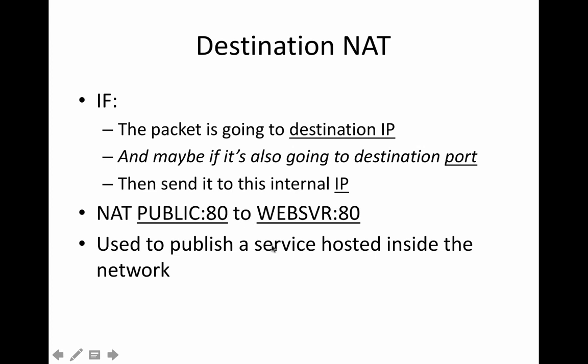So that would be where we rewrite the public IP address to the private internal IP address of our web server, and then drop it off on that interface and ship it off on the inside of our network. So destination NAT is generally used for hosting multiple servers on a particular IP.